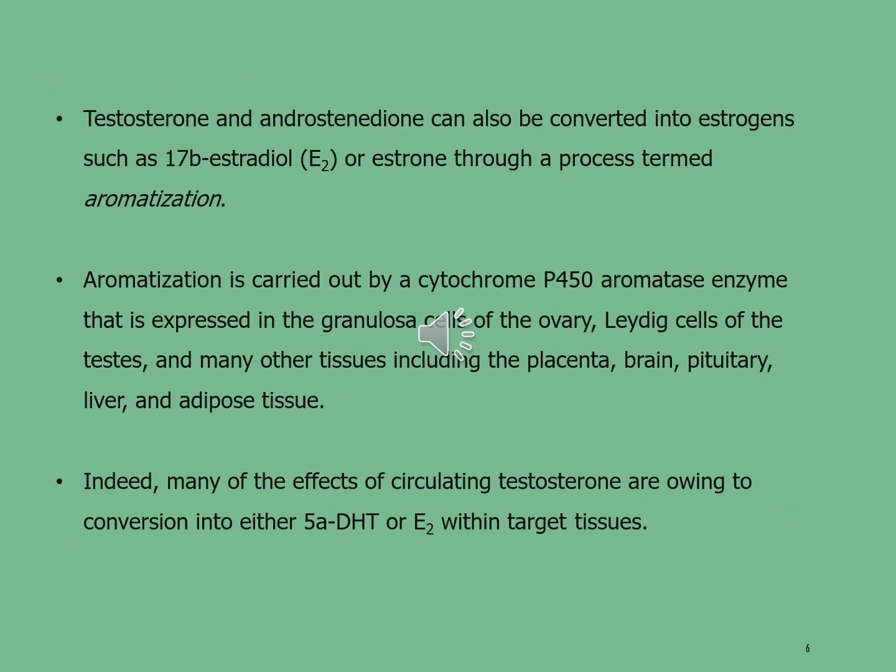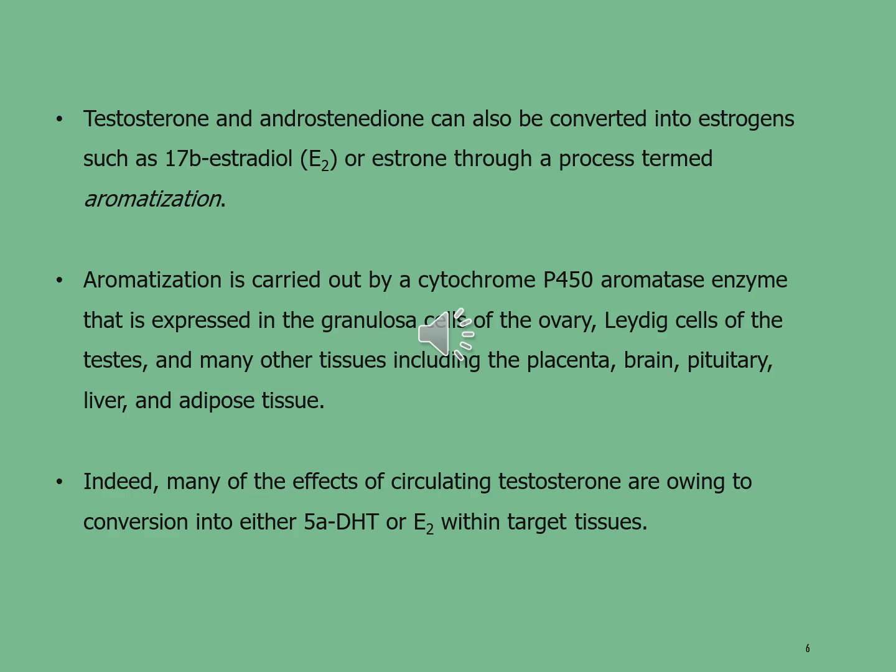Testosterone and androstenedione can also be converted into estrogens such as 17-beta estradiol, that is E2, or estrone through a process termed aromatization.